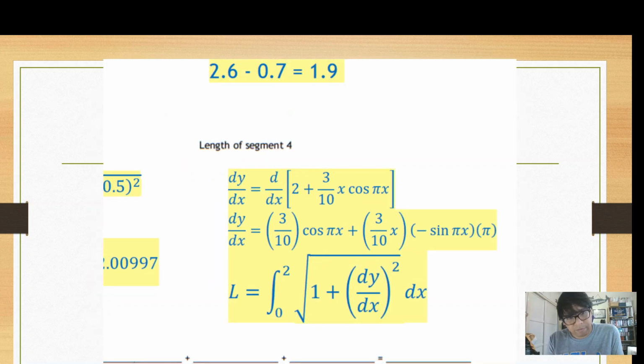I'm not going to make too much of a fuss about simplifying that because I'm just going to substitute that into the formula, and you have the length is the integral from 0 to 2, x min at the bottom and x max at the top, of the square root of 1 plus dy/dx squared dx.